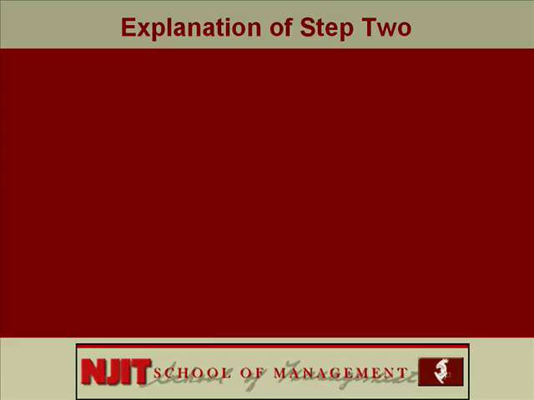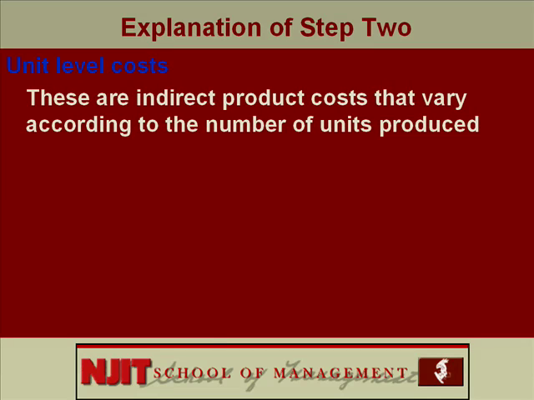As I said, this is important, so let me spend a few minutes on this. Here are the definitions. Unit level. The definition is in front of you. Unit level is an activity level where indirect product costs, that's overhead, vary with the units produced.